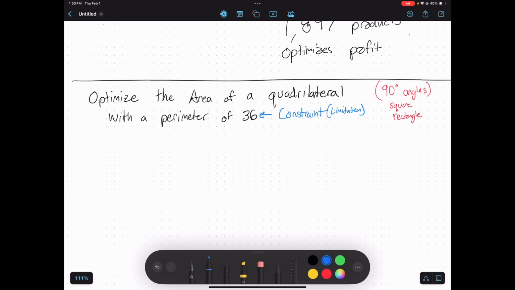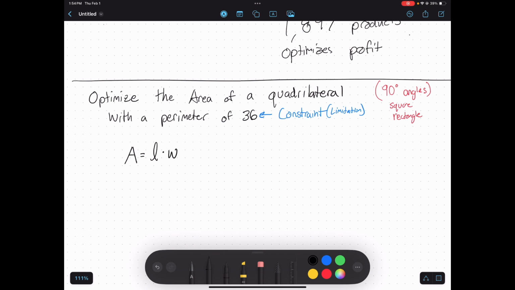Okay. So I want to optimize the area of a quadrilateral. Well, if I want to optimize area, I need an equation for area, right? Because once again, the whole process is we're going to take the derivative of a function and set it equal to 0 to find critical points. In order to do that, I need an equation. So I need an equation for area. If I'm taking the area of a quadrilateral, I'm doing length times width, because it could be a rectangle.